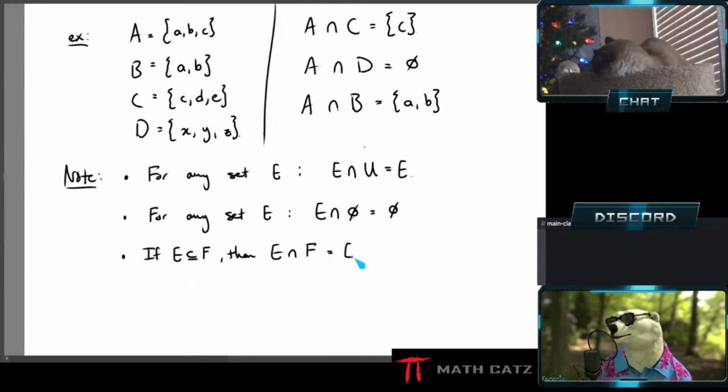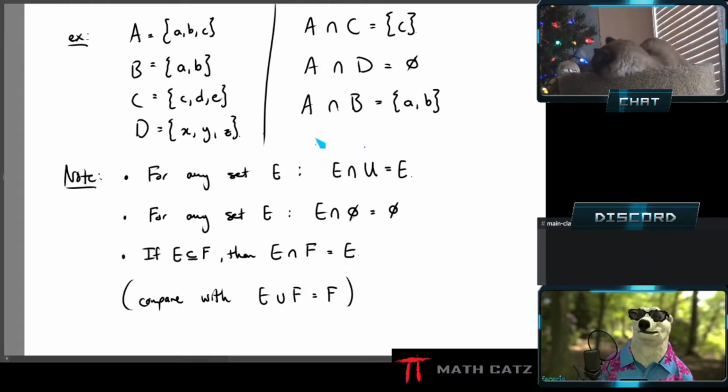So the overlap will be the smaller. And remember, we compare that with the union, which was throwing them together, but in that case, the smaller one doesn't contribute anything new that the bigger one doesn't already have, and the union sort of went the opposite way. So yes, these aren't opposites of each other in the technical sense, but they do sort of stand on opposite ends of how to combine sets.